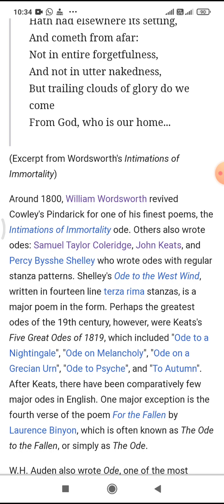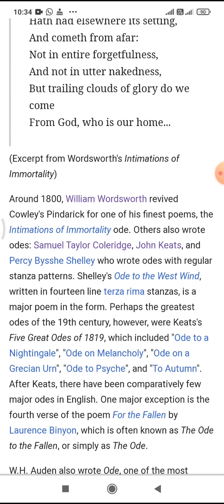Perhaps the greatest odes of the 19th century were Keats' five great odes of 1819: Ode to a Nightingale, Ode on Melancholy, Ode on a Grecian Urn, Ode to Psyche, and To Autumn. These are the well known odes of John Keats.